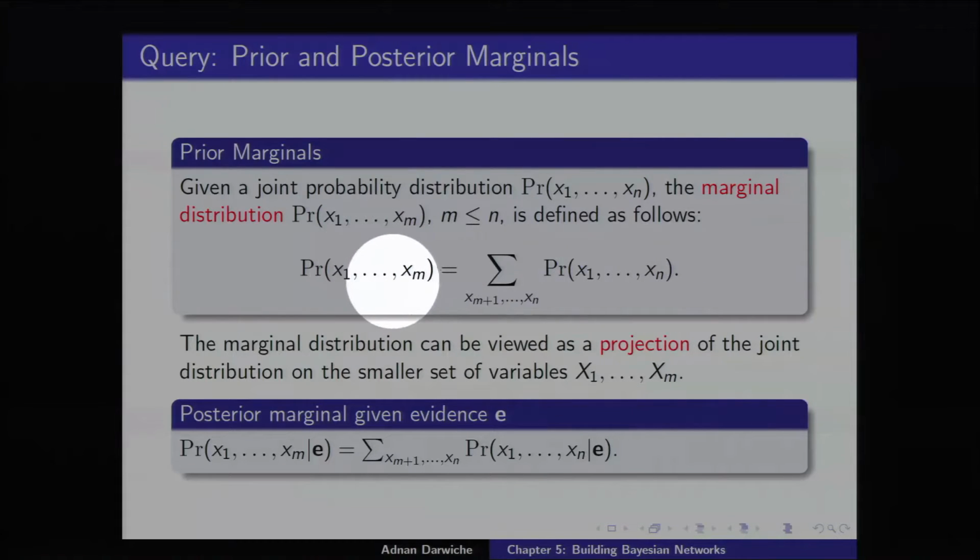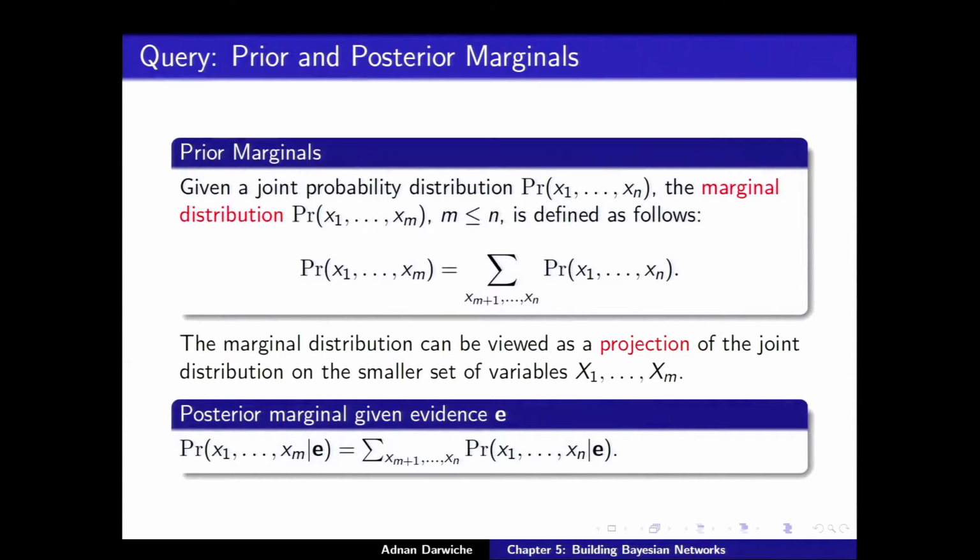So these are the variables I'm trying to compute the marginal over. These are the other variables, the remaining ones. I basically go over all their possible values and add up these quantities. You can see it visually if you're looking at the joint probability distribution. You're basically just compressing that table. We're going to look at it more later. Okay, so now we have the probability of evidence.